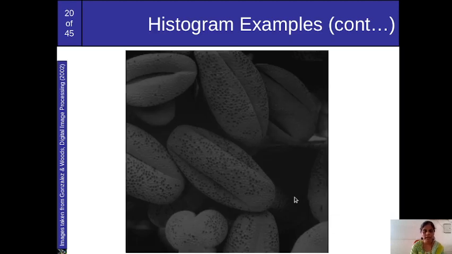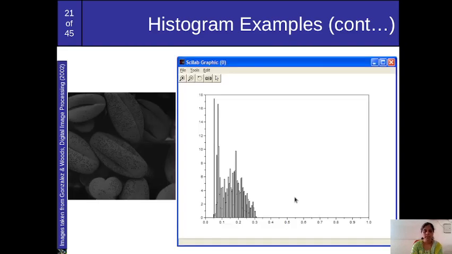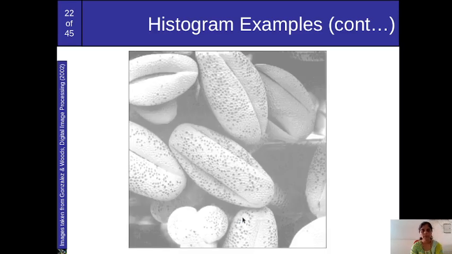Consider one more example. This is an input image, and its corresponding histogram is plotted here. We can see that this image has a lot of dark pixel values, so its histogram is more concentrated towards the darker side. Consider another image.